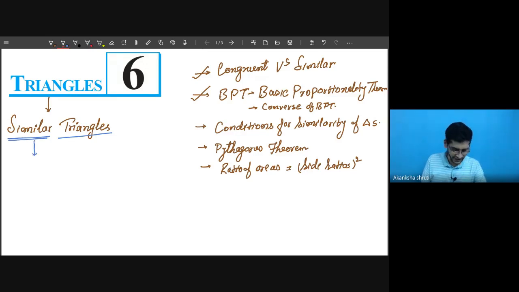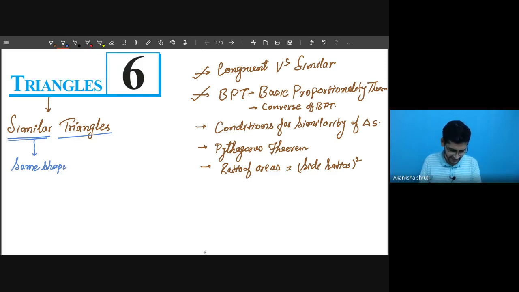Similar means something near to some other thing, not exactly or not the identical one, but near to the other one. So they simply mean it is the same shape, but not the same size.